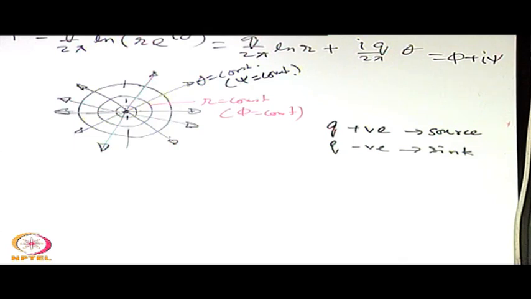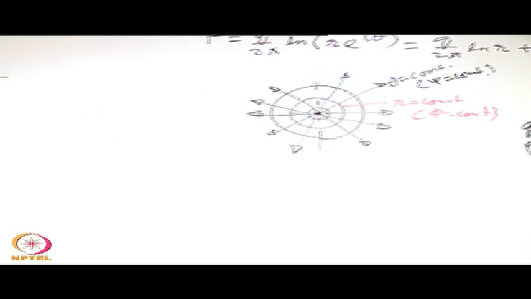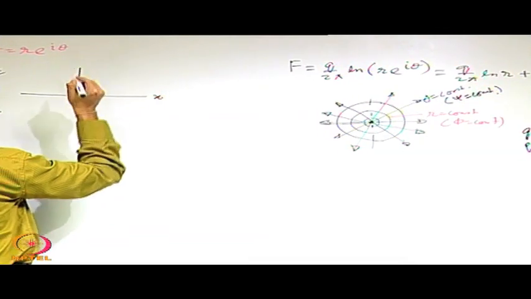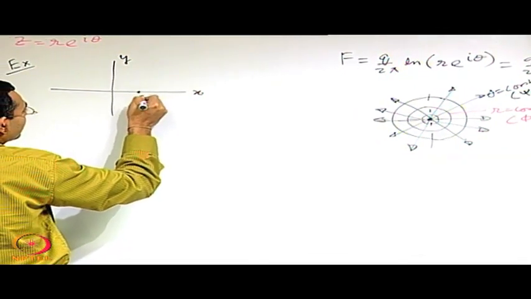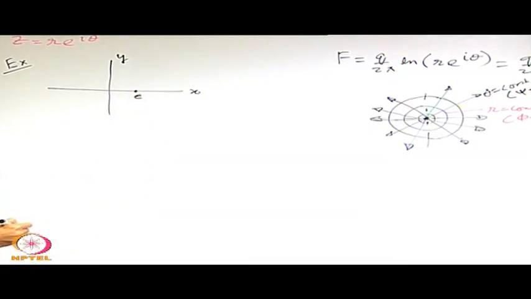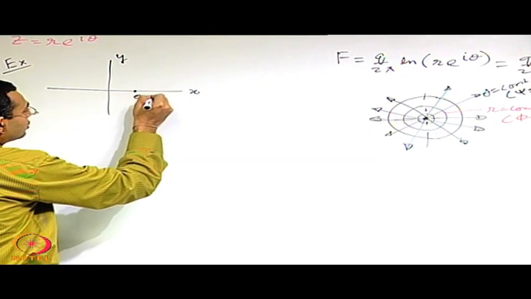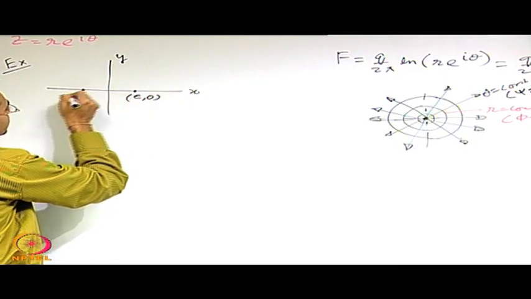Now we have seen the shapes of the streamlines and the equipotential lines for the source and the sink. Let us now consider a superposition of the source and the sink. Say we consider an example like this: this is the real axis, that is the x axis, then you have a point epsilon comma 0, and you have a point minus epsilon comma 0.